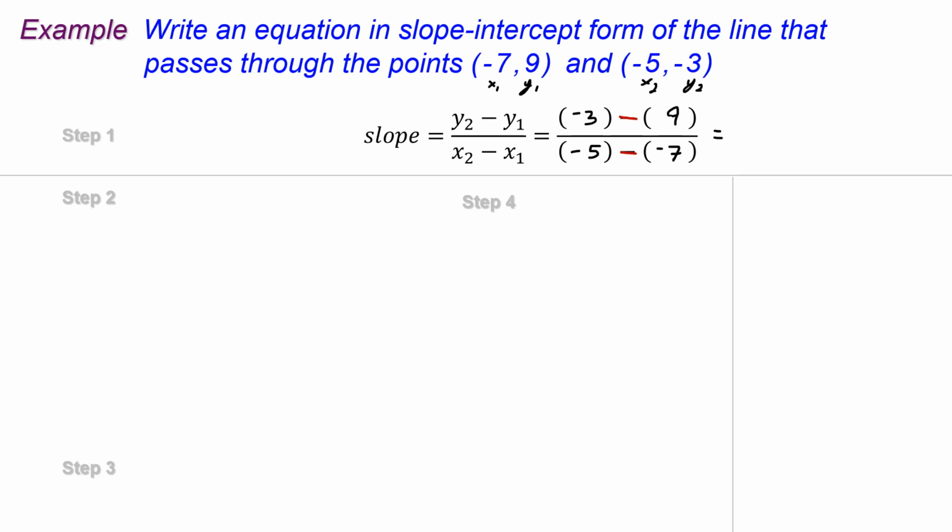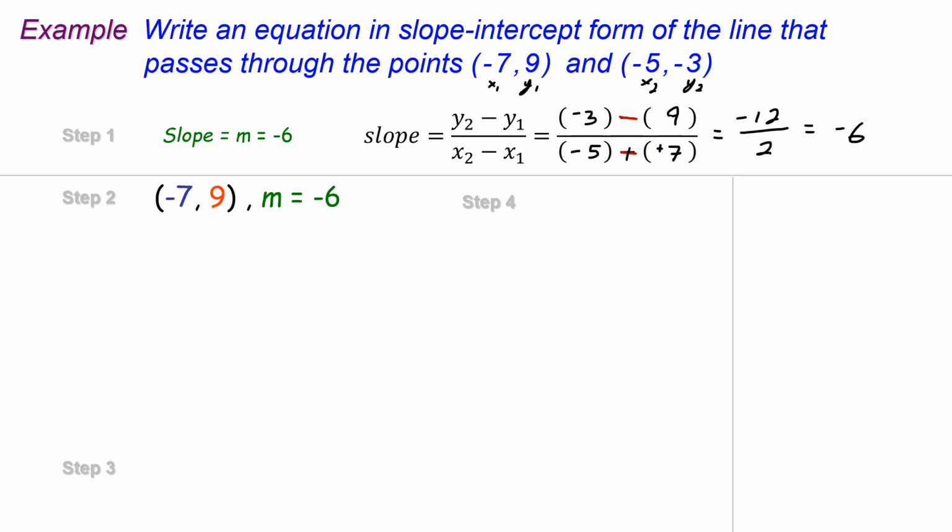All right, time to simplify. -3 minus 9, or -3 plus -9 is -12. Divided by, subtracting is the same as adding the opposite, so -5 plus 7 is 2, and that gives me -6. So my slope, we use the variable m, is -6.